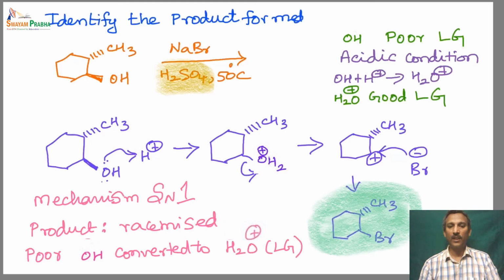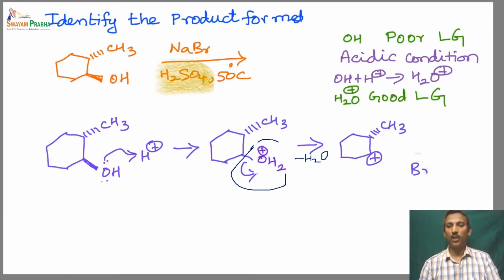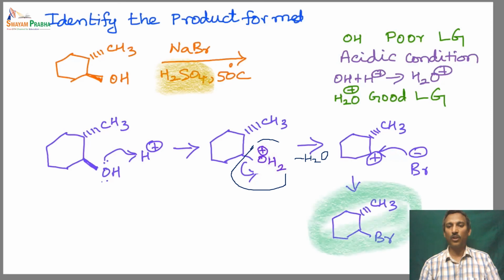So this is getting converted into H2O plus. The H2O plus is a very good leaving group, so this is lost. So here we have minus H2O. The water molecule is lost in this step, so that leads to a carbocation. A carbocation is generated on this particular carbon.